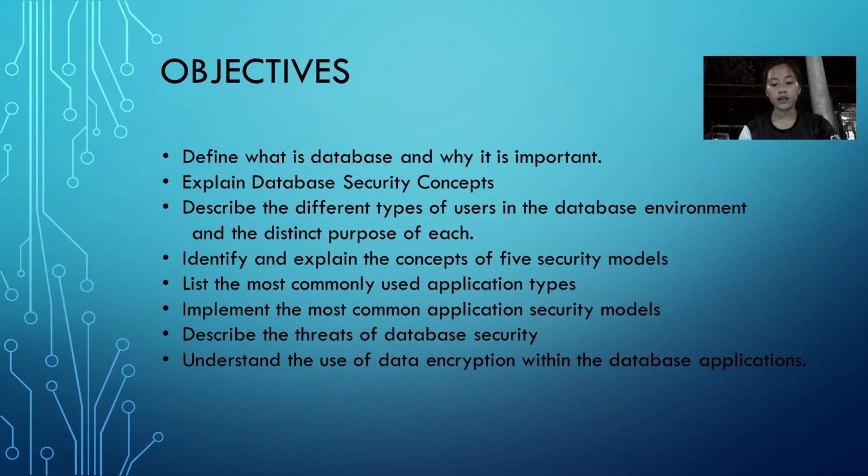At the end of this discussion, we are going to define what a database is and why it is important, explain database security concepts, describe the different types of user in the database environment and the distinct purpose of each, identify and explain the concepts of five security models, list the most commonly used application types, implement the most common application security models, describe the threats to database security, and last, understand the use of data encryption within the database application.